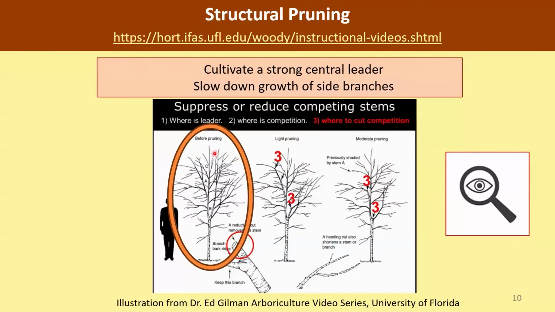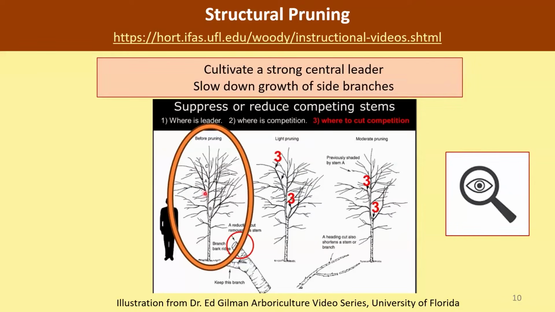Can you see? All right. Let's look at A closer. It is competing against the leader, moving from the bottom higher. We can see a number of places where we can make cuts to suppress or slow the growth of A. We can make a cut here, remove the upper portion, leaving the side branch.